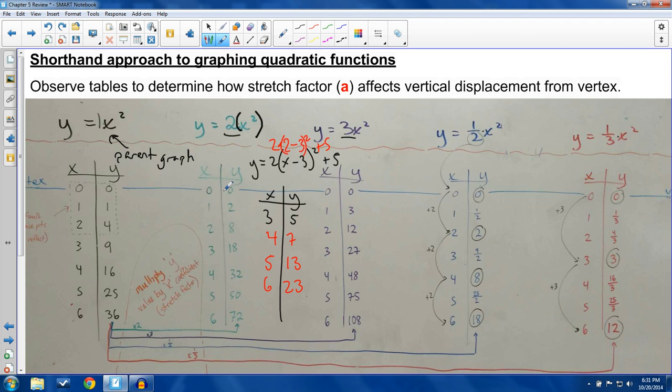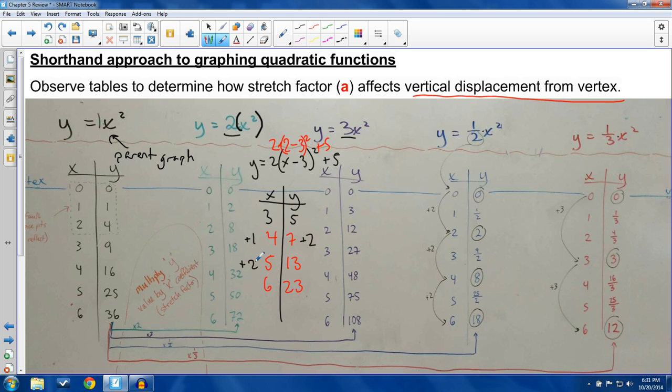Now, whenever I do this stuff right here, I want you to notice that this is my vertical displacement from my vertex. So this is saying, how far away are these numbers from my vertex? Well, 4 is really just 1 unit away. And when I went over 1 from my vertex, I went up from 5 to 7. I went up 2. 5 is 2 units away from my vertex.